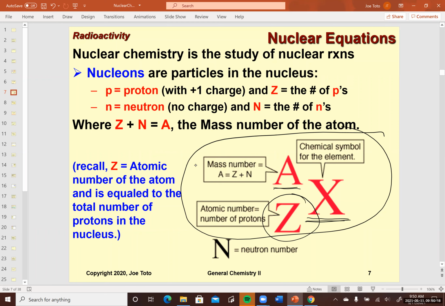Essentially, that's how we keep track of these subatomic particles. Oftentimes, the electrons are ignored when calculating the mass. Even though they do have mass, they're relatively light compared to the heavy particles in the nucleus.